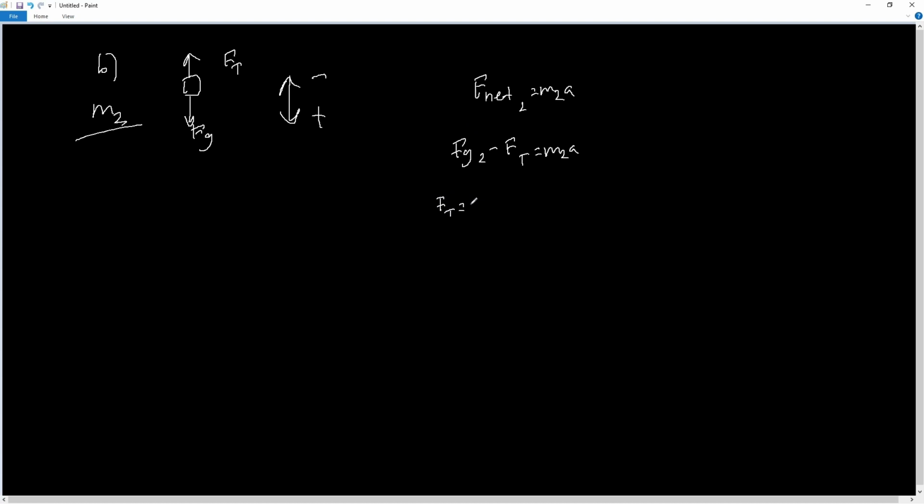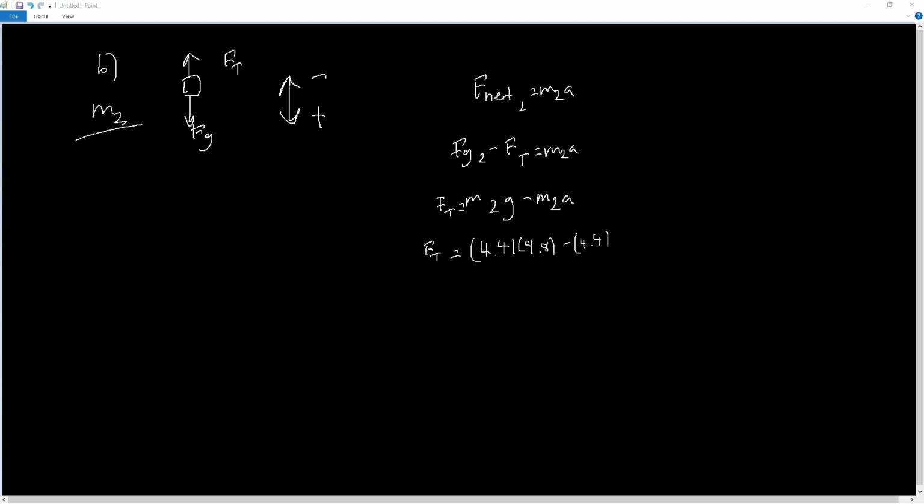So Ft equals M2G minus M2A. I'm just changing this Fg2 into M2G. So Ft equals 4.4 times 9.8 minus 4.4 times the acceleration that we just found.